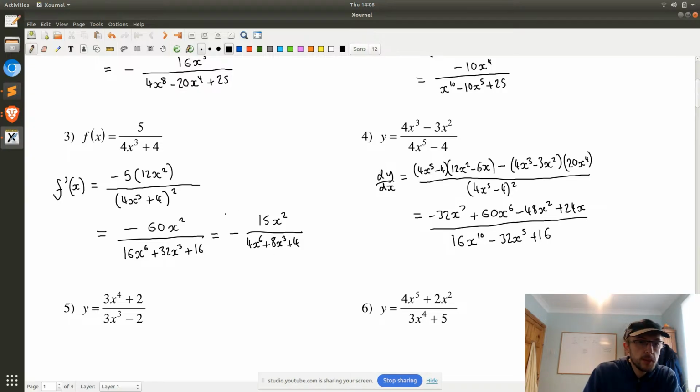Okay, problem 3, correct. Problem 4, once you divide by 4, so close. But you know what's not right? This.